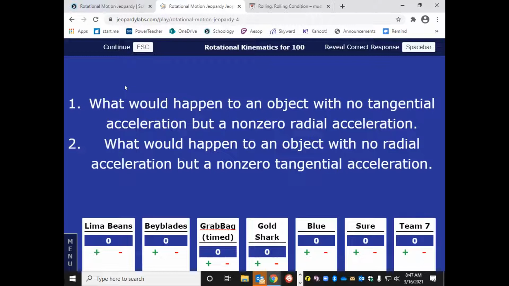Why? Okay. Blue, do you have an answer? So it's going higher. You're on it.